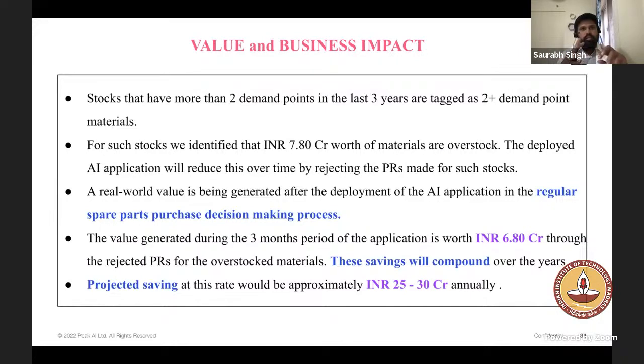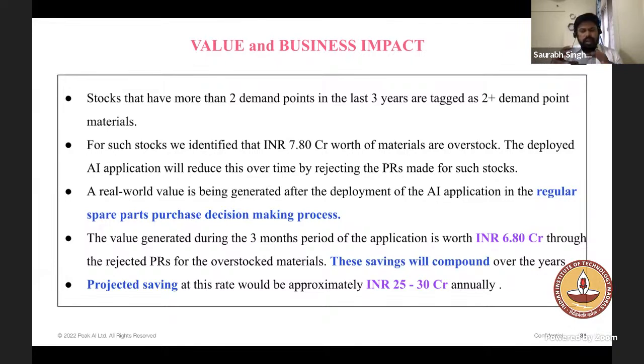Whenever they go to purchase a particular spare, they can look at the recommendation: what is the current amount of inventory in their stock, and if that is less than the recommended order point, whether it is understock or overstock, and whether it should be ordered or not. So we started rejecting their purchase decisions for all their overstock material.